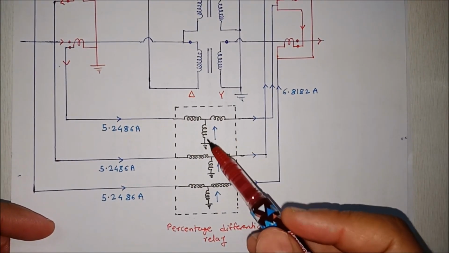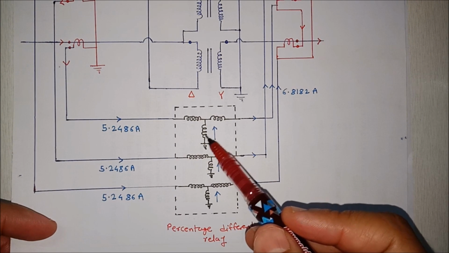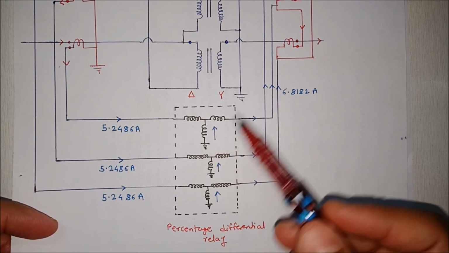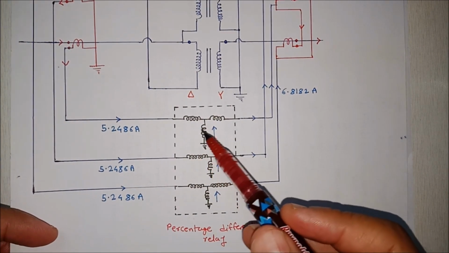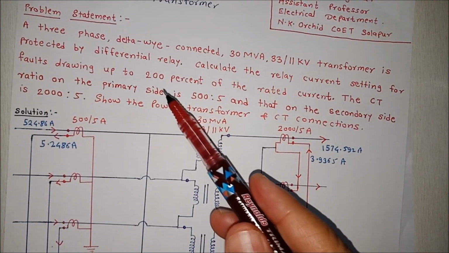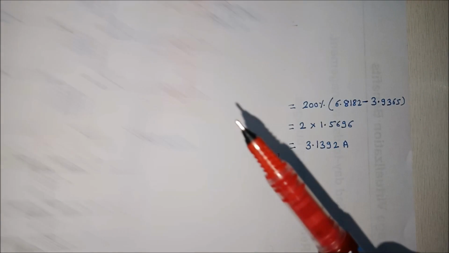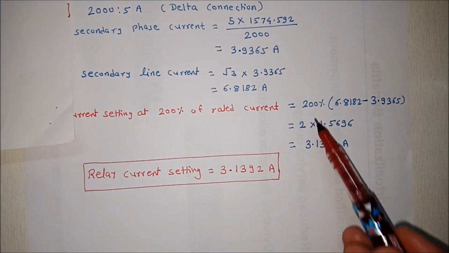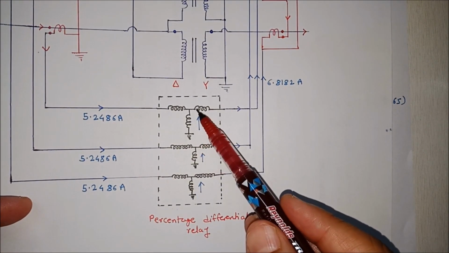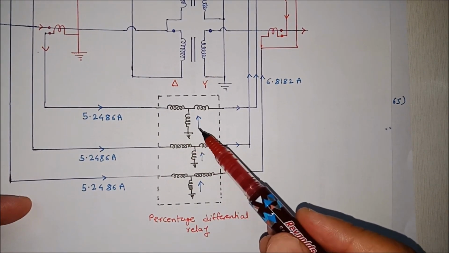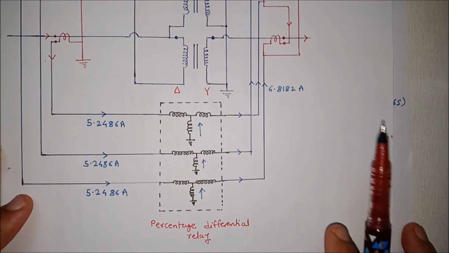So we should not keep our relay setting at, say, 1.5 ampere, otherwise during no fault, during normal load, our relay will also operate. Therefore, as mentioned, the relay current setting is 200% of the rated current, so we need to multiply by 2. When the current through the trip coil exceeds this value, the relay is going to give the trip command to the circuit breaker.